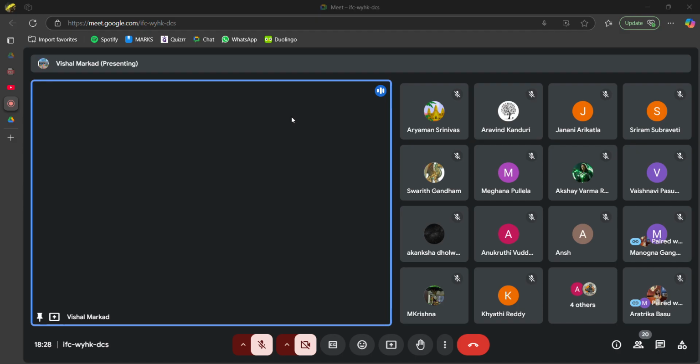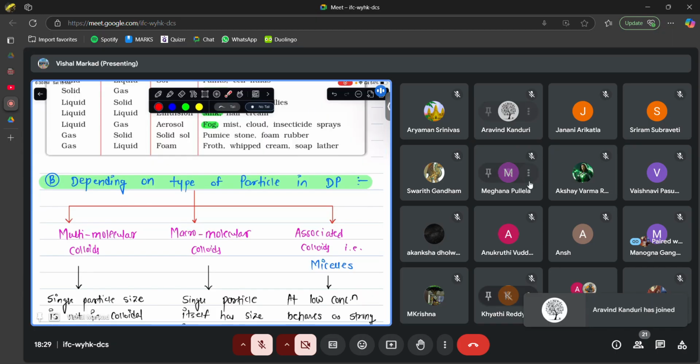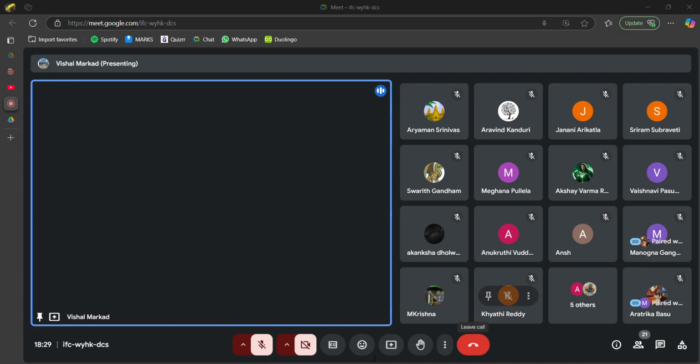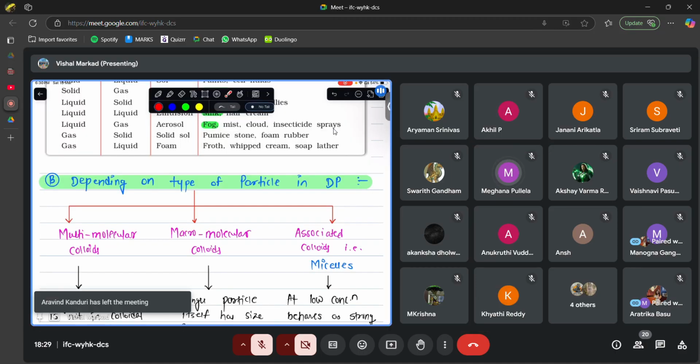Let's suppose that if I take 20 particles like that, and they all combine together and form one another particle, what will be the size of that particle? 2 nanometer. So if that dissolves in dispersion medium, can I say it is colloid? Yes, sir.